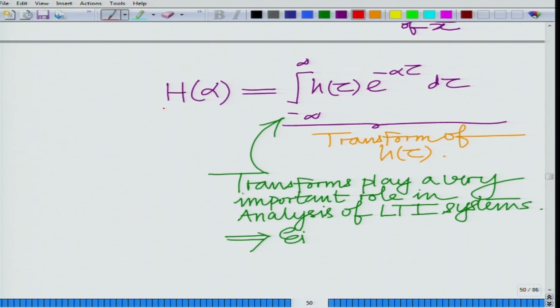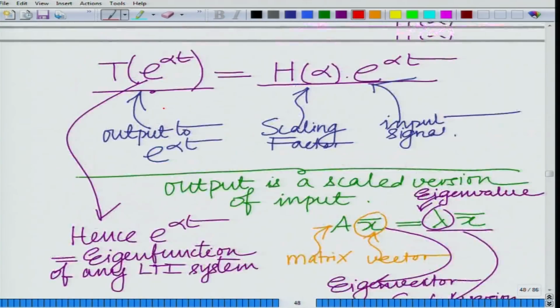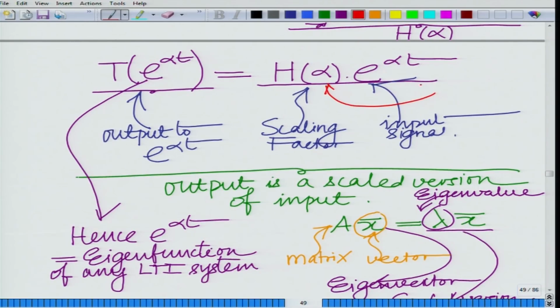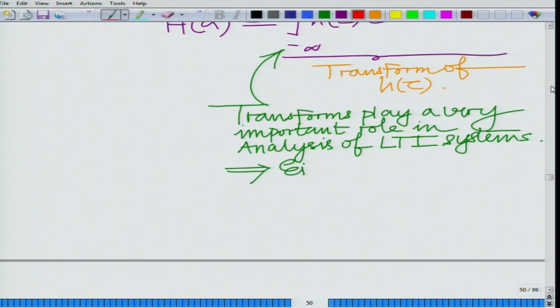In fact, you can see from the context of A x bar equals lambda times x bar that this is equivalent to the eigenvalue under this particular transformation, corresponding to this eigenfunction.